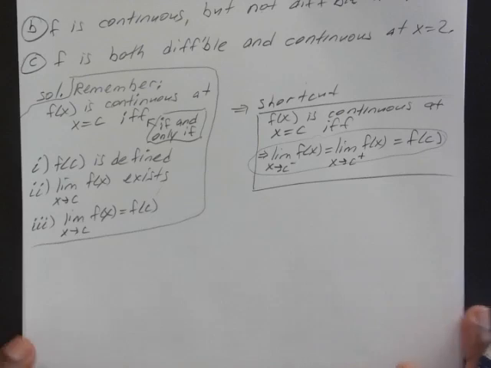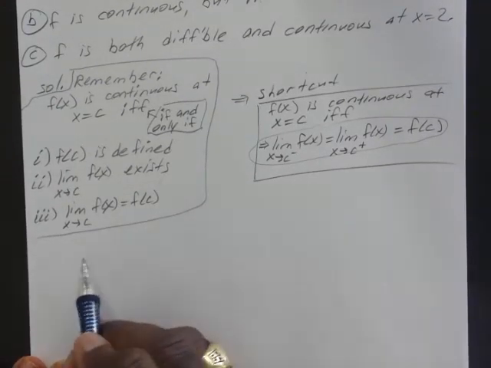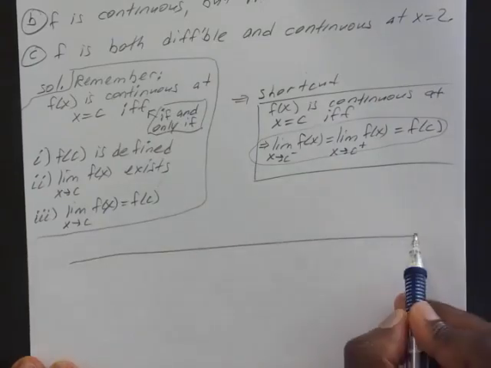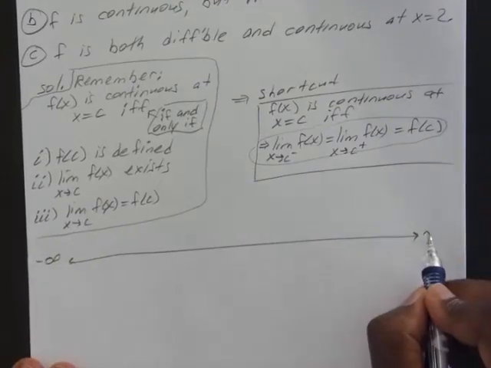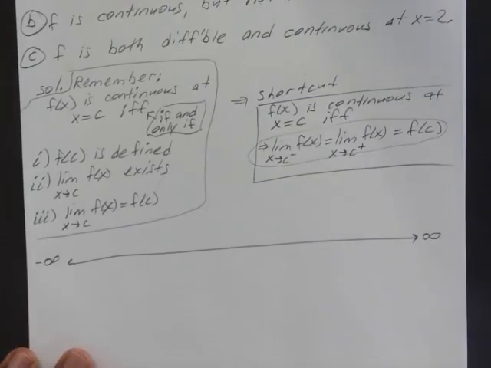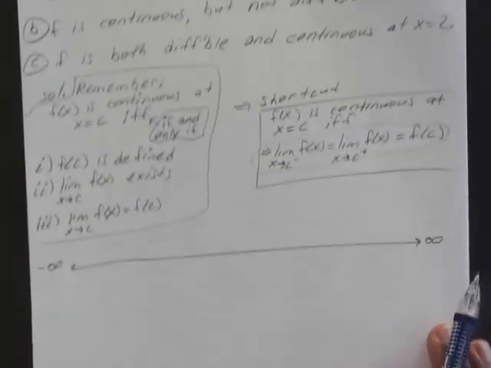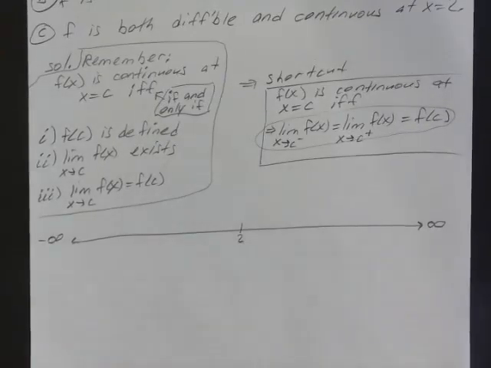So again, just as a quick visual, we'll draw out our number line from negative infinity to infinity. We know with this problem, our constraint pretty much revolves around 2. So we'll make 2 our critical point.